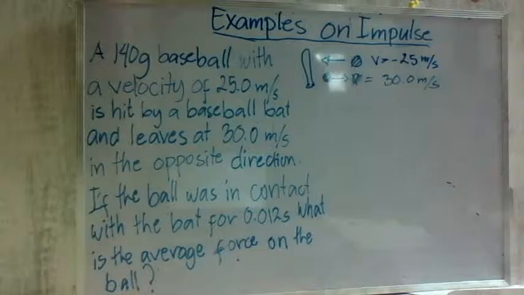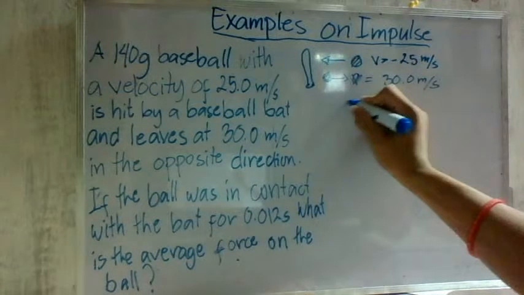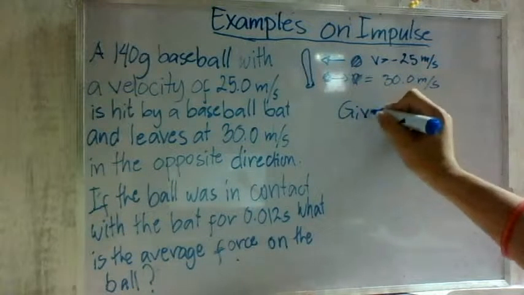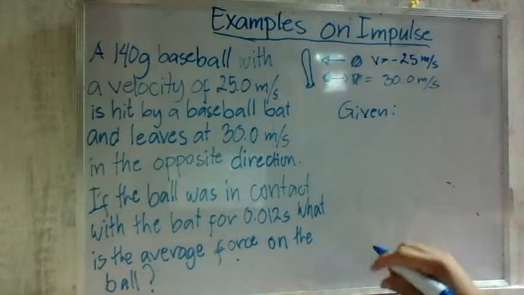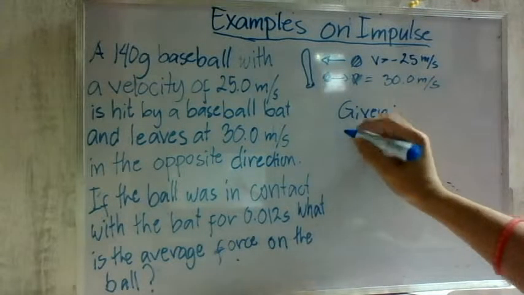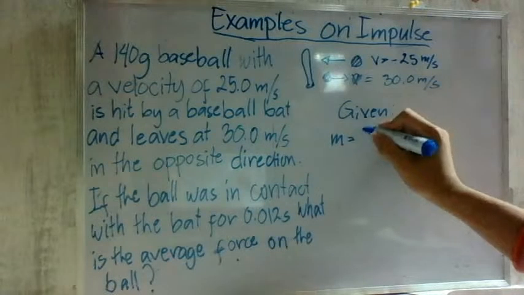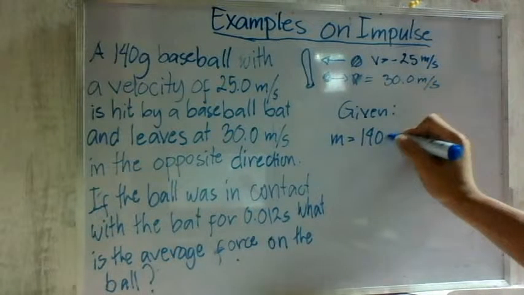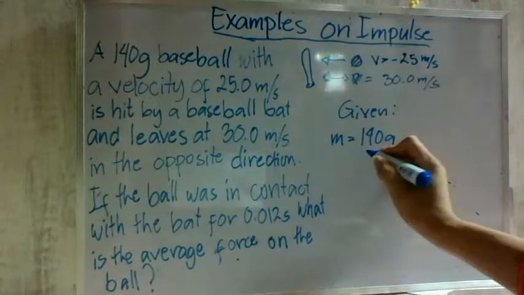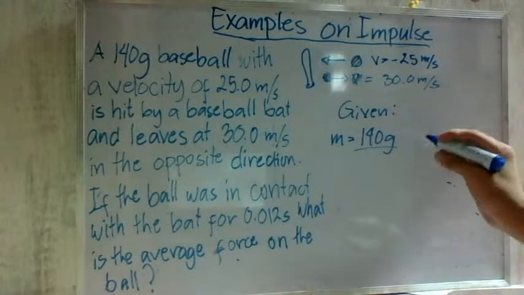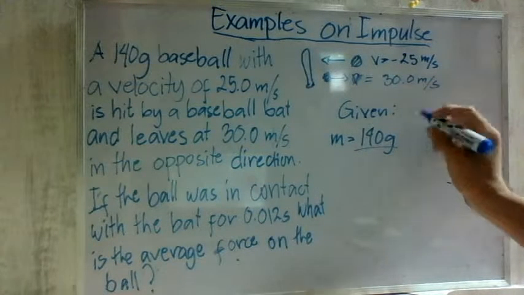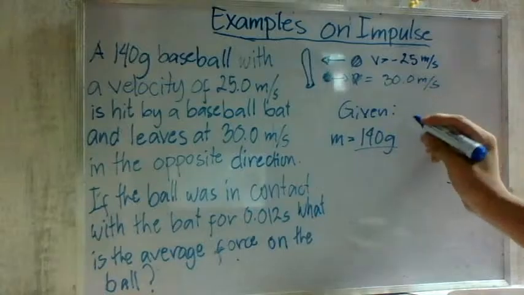So natay given nga mass sa atong baseball nga 140 gram. So gram man siya, i-convert na pud nato sa kilogram nga standard unit kung mag-solve ta og problem.